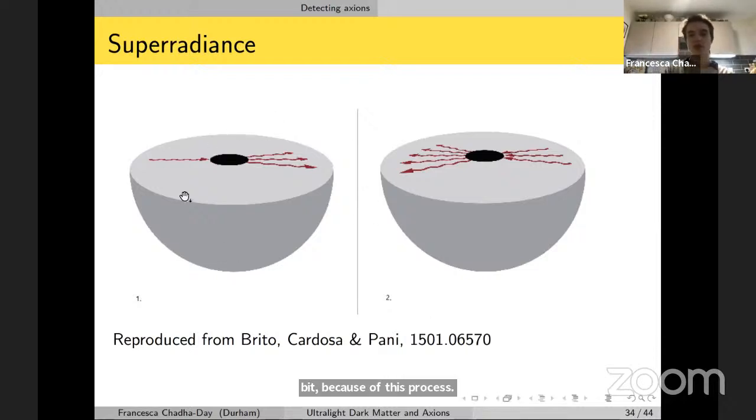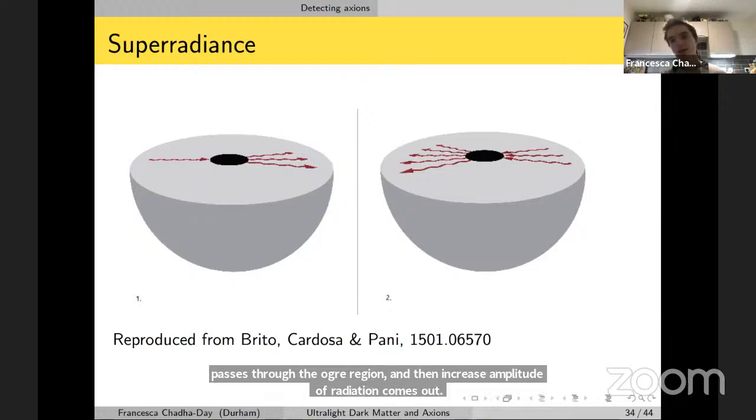So this is what we see on the left: some particle or radiation comes into the black hole, passes through the ergo region, and then an increased amplitude of radiation comes out.